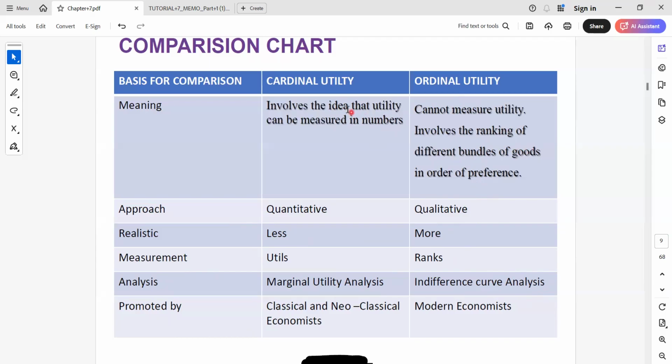I think it's important to say it involves the idea, so you don't just say it involves measuring utility in numbers. And ordinal utility involves the ranking of different bundles of goods in order of preference.